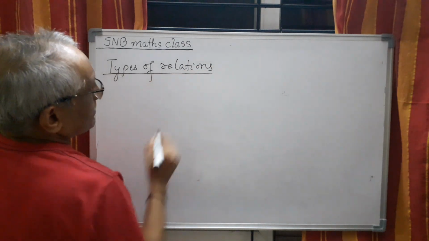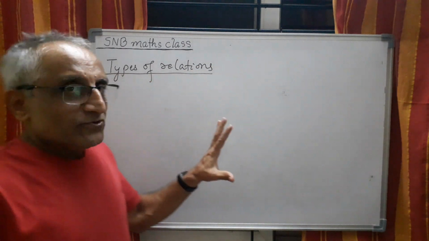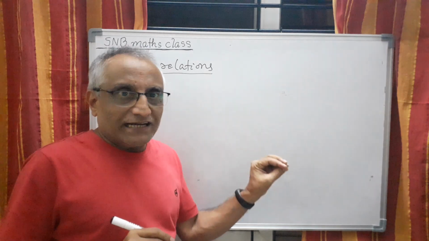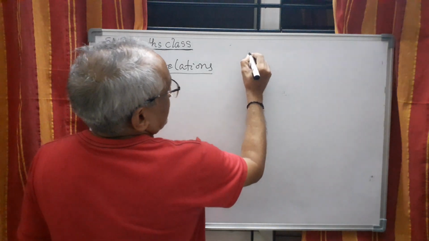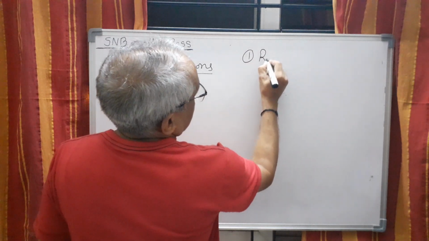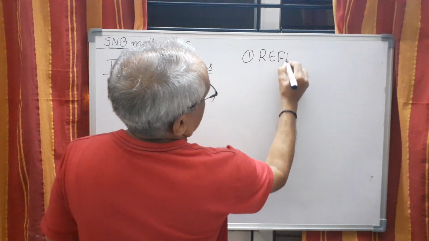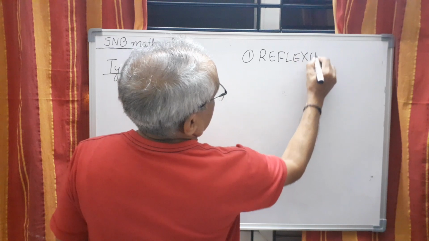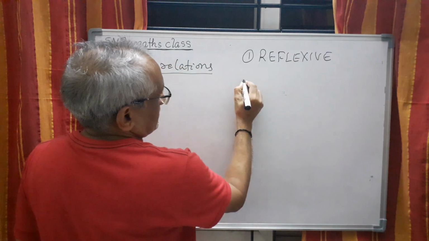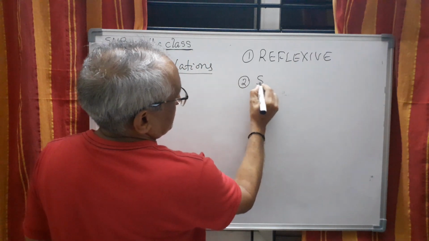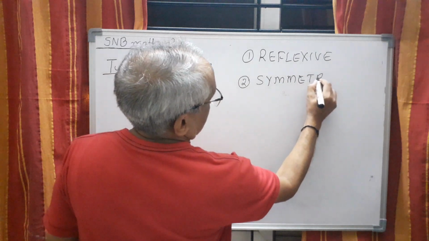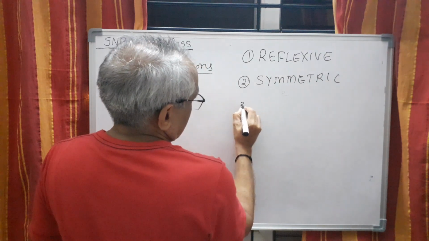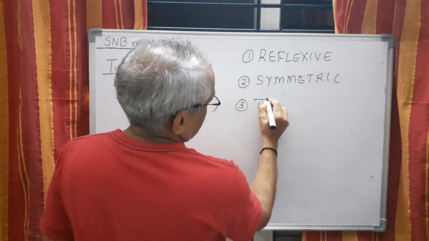So first let me give you an idea how many different types there are. Then we shall study one by one. The first one is called reflexive relation. Second one is called symmetric. Third one is called transitive.